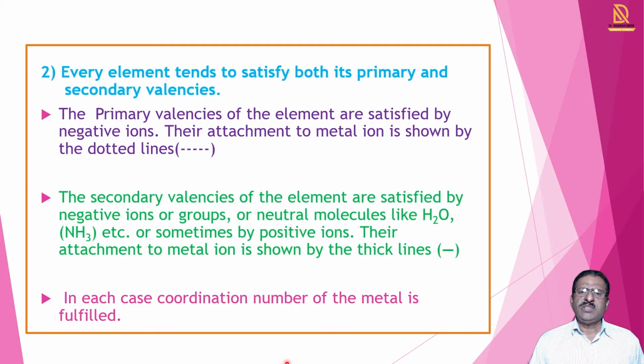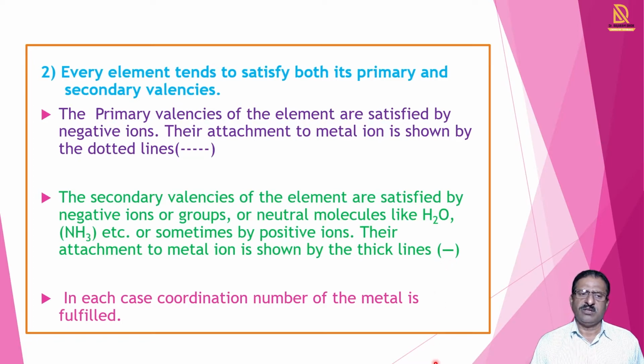When the secondary valencies are attached to the metals, they are directly attached. Simply said, the ligands are attached to the metal directly, and this is shown by thick lines.